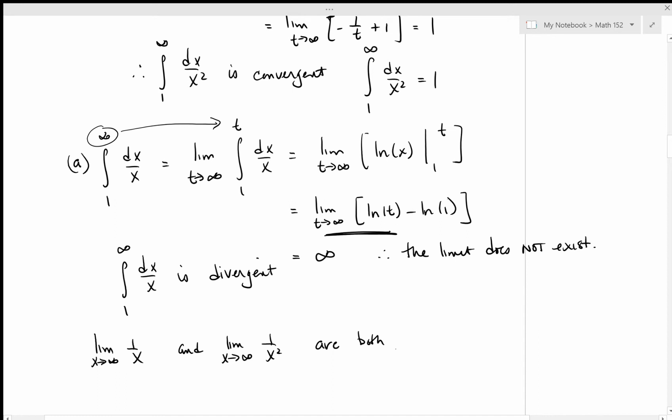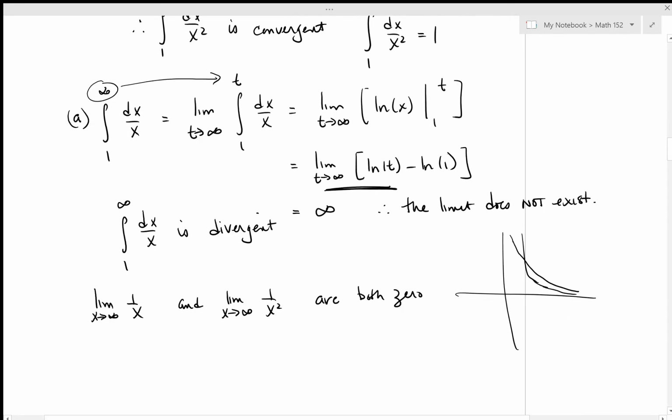So in both these cases, the integrand approaches 0. But when we integrate and look at the area underneath, one of them is convergent and one of them is divergent. We're going to see this for sums as well.